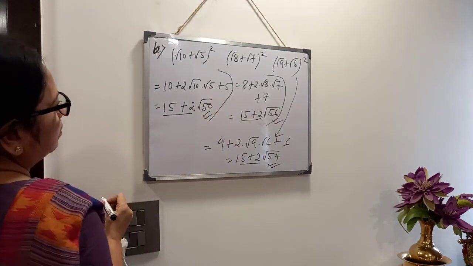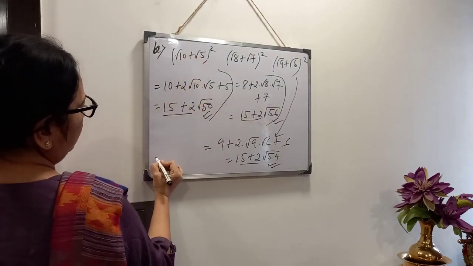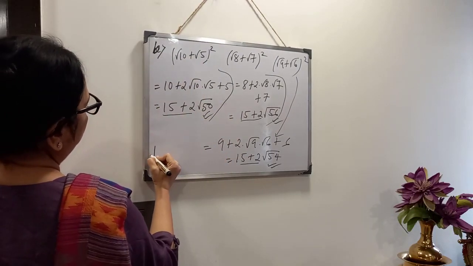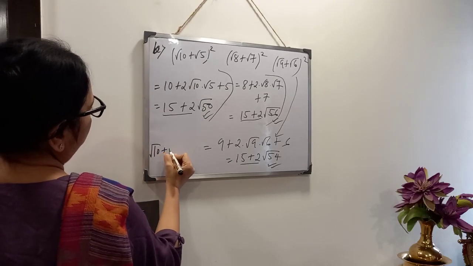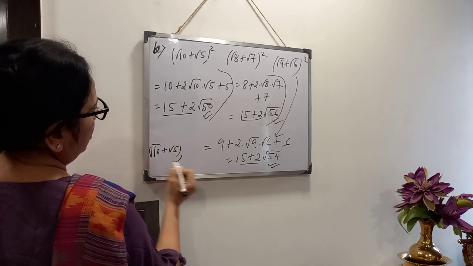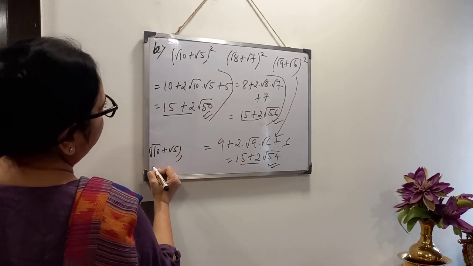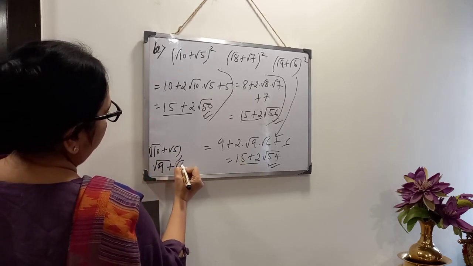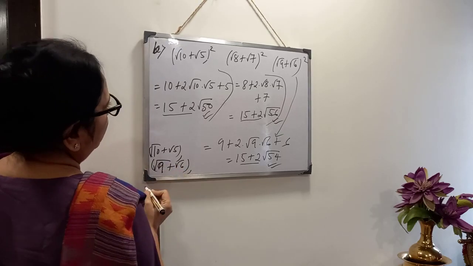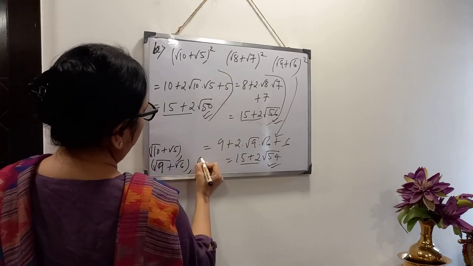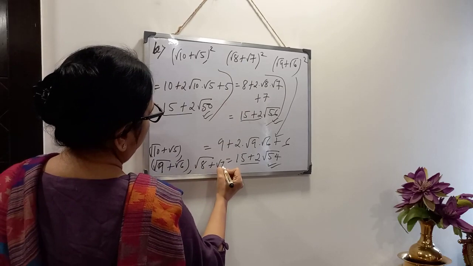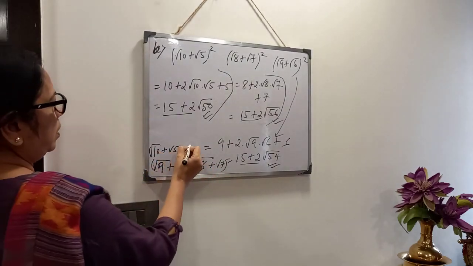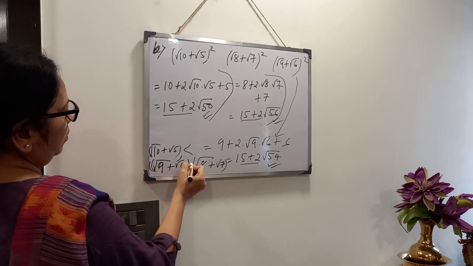So in ascending order, smaller to greater, root over 10 plus root over 5 will come first. Then root over 9 plus root over 6 will come second. Then in third position, root over 8 plus root over 7. This is your required ascending order. This is less than this, less than this.